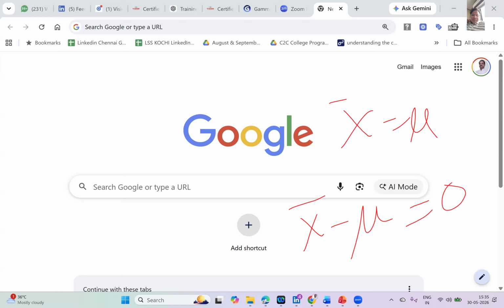So whenever X bar minus mu is 0, there is no shift. Whenever X bar and mu are different, there is a shift. If the shift is on the right side, then the risk of hitting the wall on the right side is higher. If it shifts on the left side, then the risk of hitting the wall on the left side is higher.